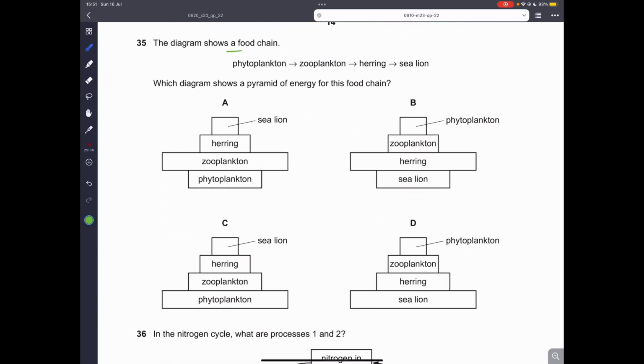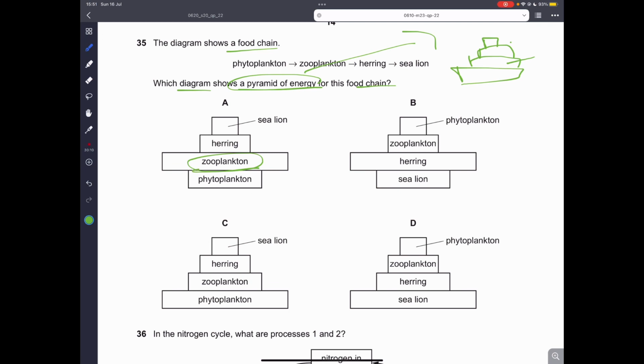Question 35. The diagram shows a food chain. Which diagram shows a pyramid of energy for the food chain? Remember, a pyramid of energy can never be inverted, which means it will always have to look something like this, because you cannot have less energy at a lower trophic level under a higher one.